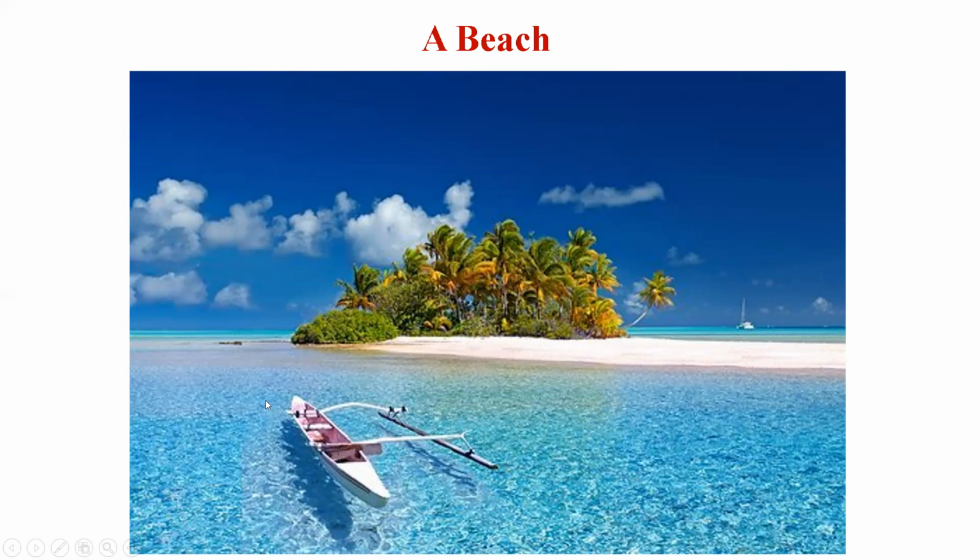And the water is non-living. This boat is non-living. The only living thing is the trees. This sand is also another non-living thing. So the beach also has both non-living and living things.